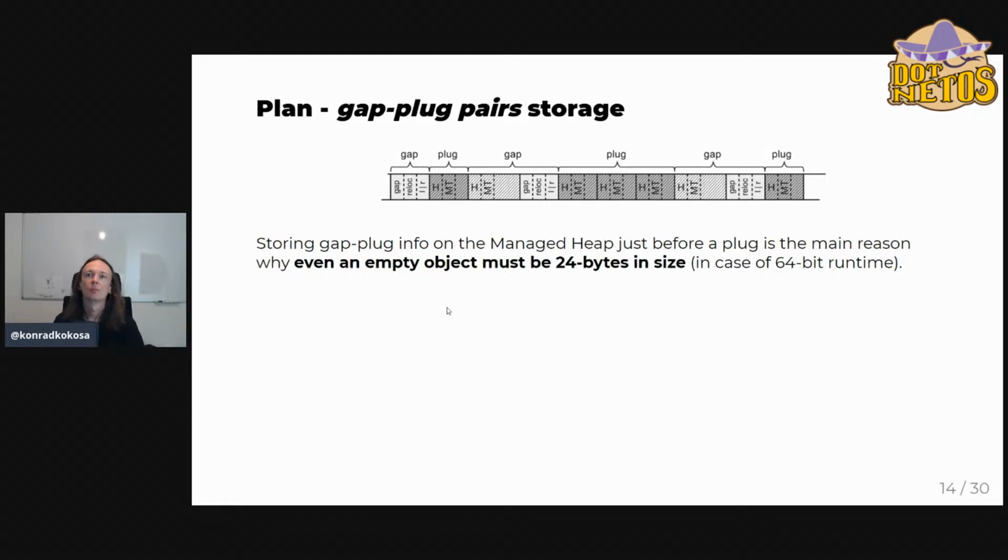That's why the minimum object size in .NET, in case of a 64-bit runtime, is 24 bytes. It is a header, 8 bytes, method table, another 8 bytes, and an artificially added 8 bytes just for the purpose of making it 24 bytes, even if it has no fields and no data inside. So this is one of the reasons. Maybe the only reason. I'm not sure if the only, but for sure one of the main reasons.